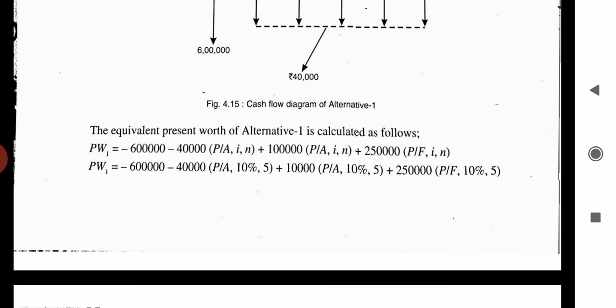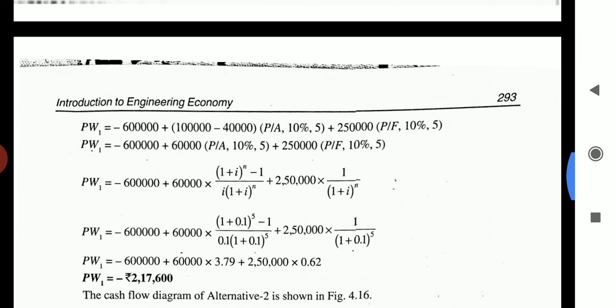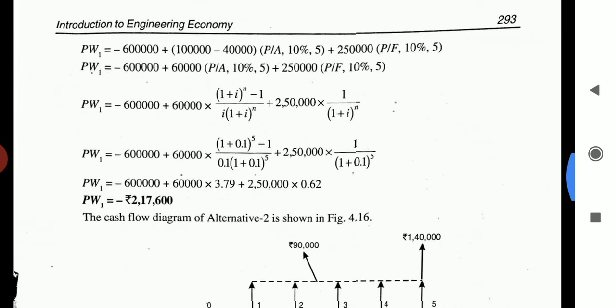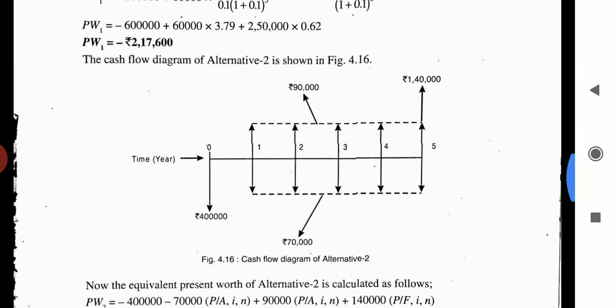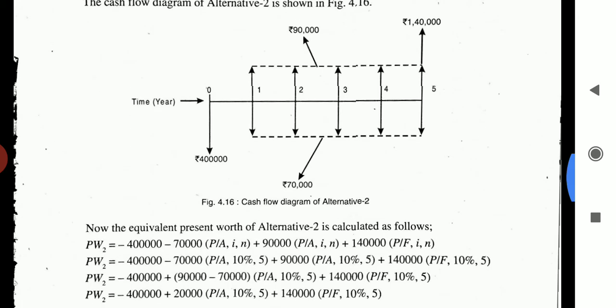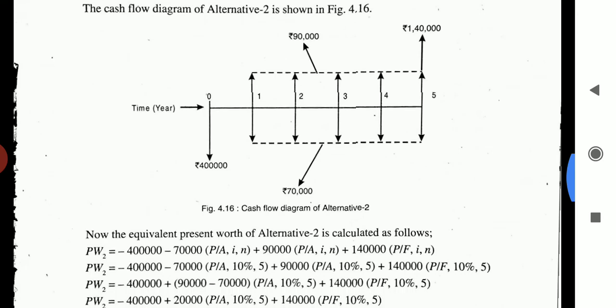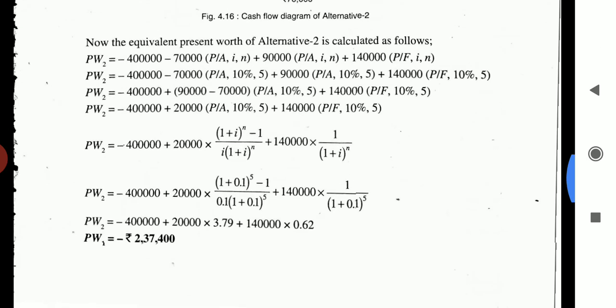I will give the formula in a separate sheet, please refer to that. By using the formula we will get PW1. In alternative 2, production is 90,000 and operating and maintenance cost is 70,000. Production is upward and maintenance cost is downward. Okay, PW2. So by using the same formula we will get PW1 and PW2.